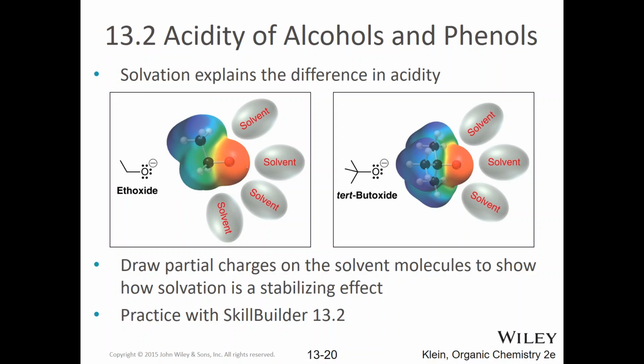Try to make it feel like it's not so angry. So it turns out there's more room around this ethoxide negative charge than there is around the tert-butoxide negative charge. So it's harder to get this negative charge satisfied by solvent molecules.